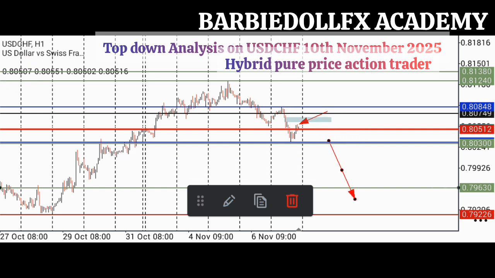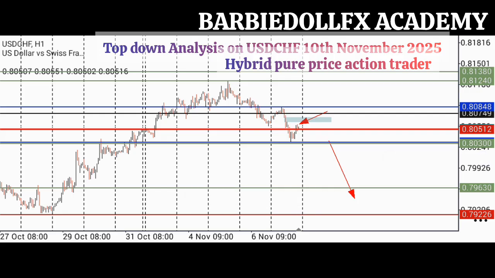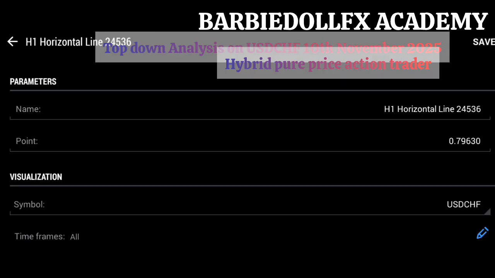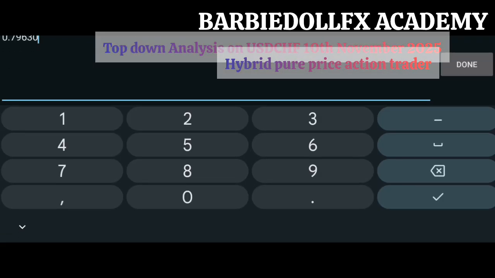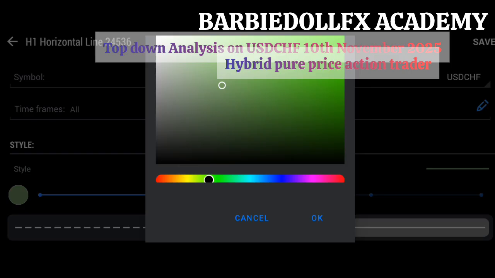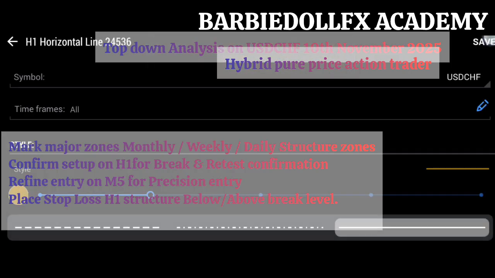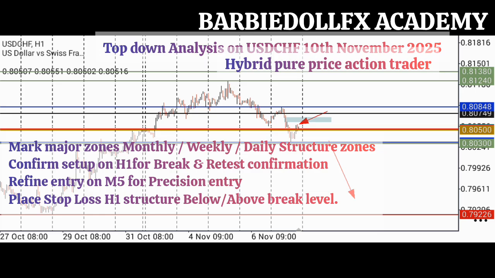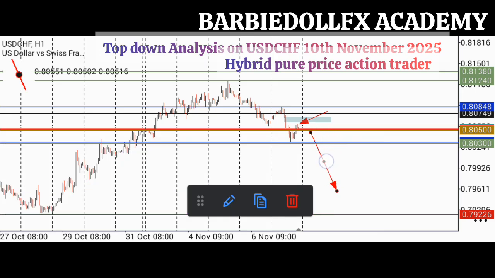Let me mark it. Let me get the stop loss for this sell. 8050. So you can say, okay, the stop loss can be 8050. Here, you see that is not much. And make sure you're using the 1 hour to place it.